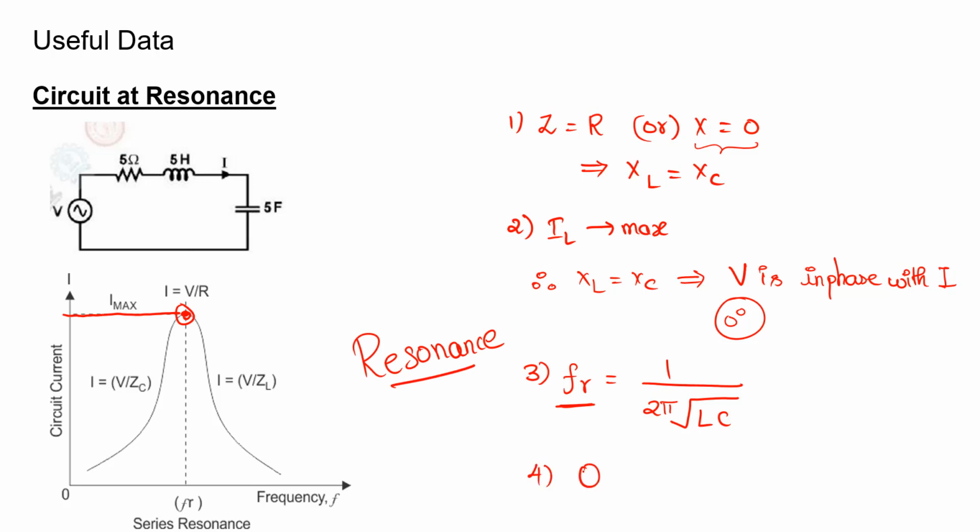And the quality factor of this RLC series circuit is given by 1 divided by R times the square root of L divided by C. So, this will be the voltage across the capacitor divided by the voltage across the resistor. We can make use of this resonance concept in order to solve this problem.